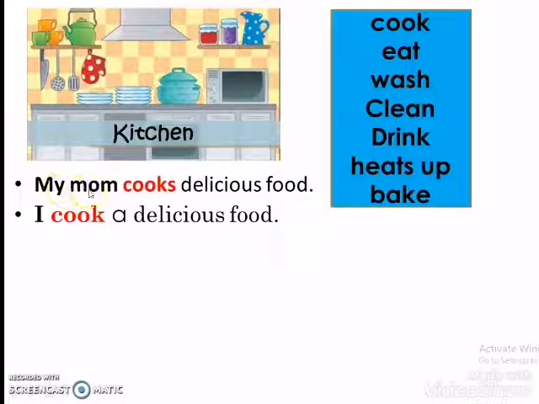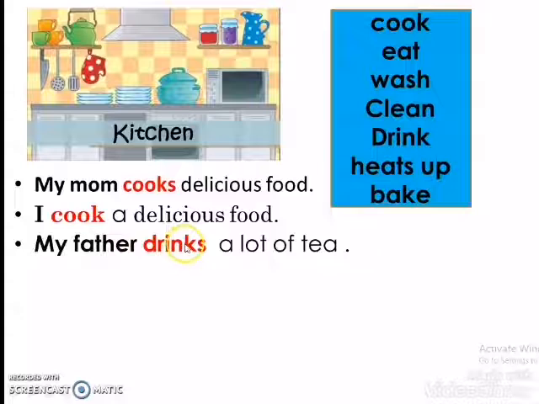And she is one mom. For one mom, I add an s to the action verb. My mom cooks delicious food. If I use the pronoun I, I cook. I don't add an s to the action verb. I cook a delicious food.